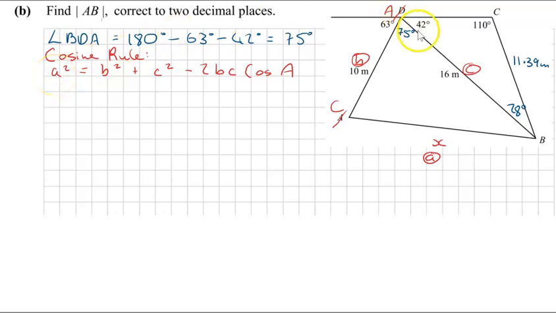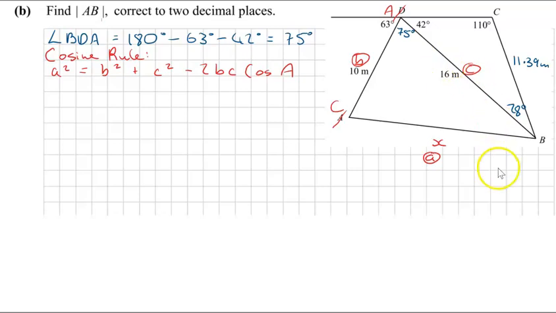Also, this is the angle that we know, and we don't know these two angles here. So if we have a look in our formula, the only capital letter in our formula is A. So therefore the angle that we're using must also be called capital A.